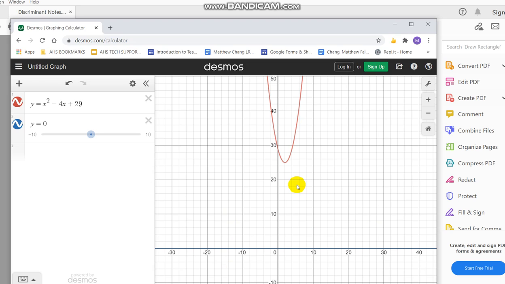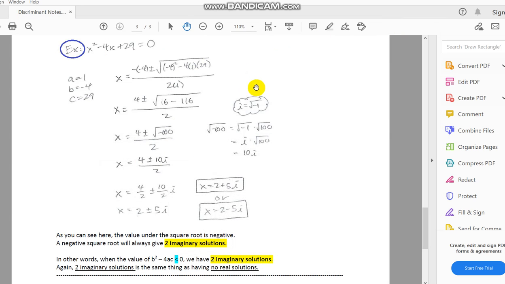We have no real solutions. But to express imaginary solutions, we have to let i equal the square root of negative 1 in our problems, and then we can express this problem as two imaginary solutions. So again, two imaginary solutions is the same thing as having no real solutions.